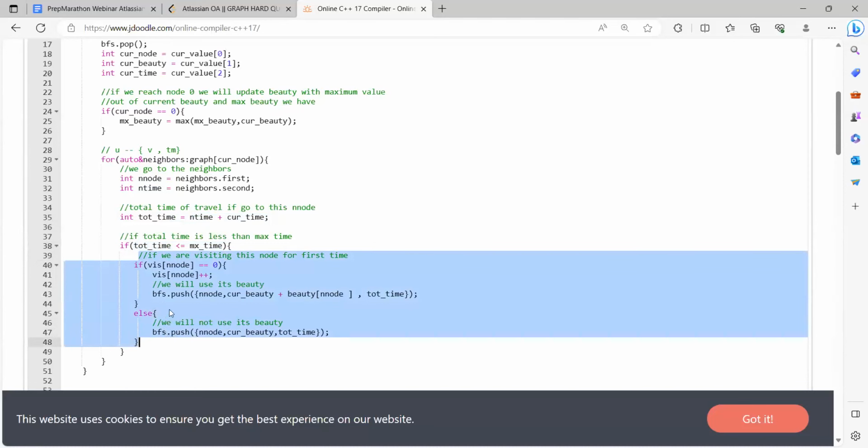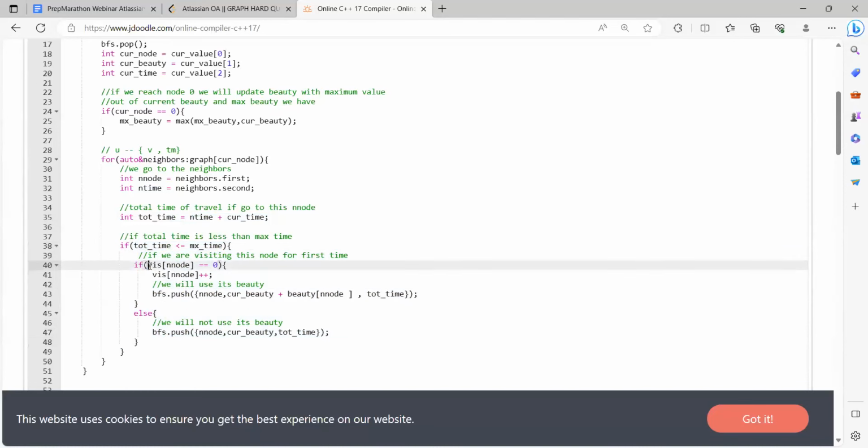And what are the further steps? It is very easy. When I'm visiting the node for the first time, I'm getting the beauty points. So see, my beauty is updated. I'm getting the beauty of that neighboring node because I'm visiting it for the first time. After visiting, I'm marking it so that if I visit in future, this condition will be false. So there are two cases.